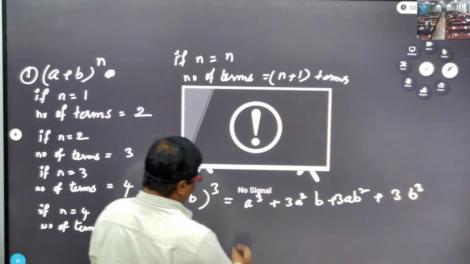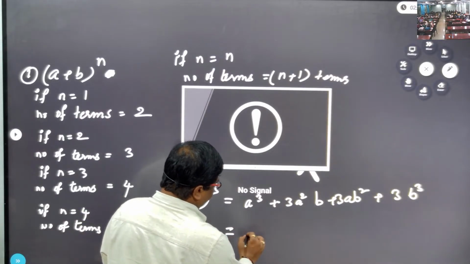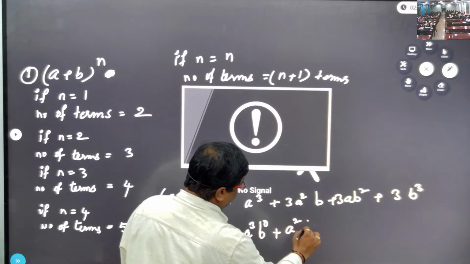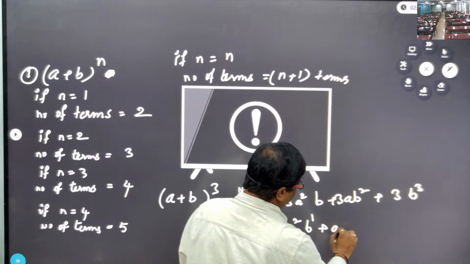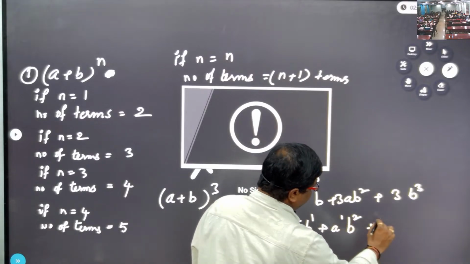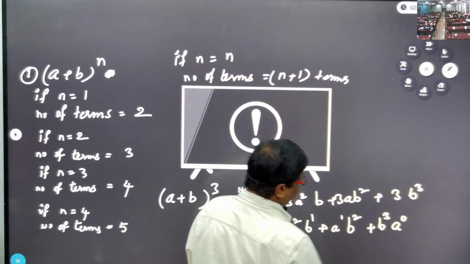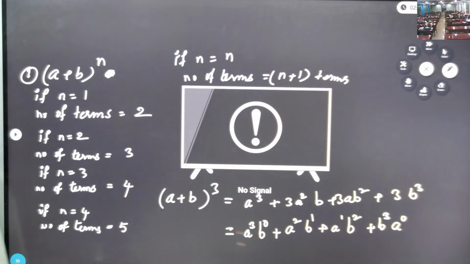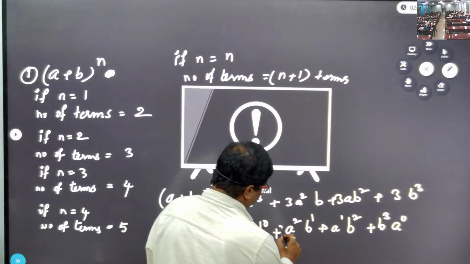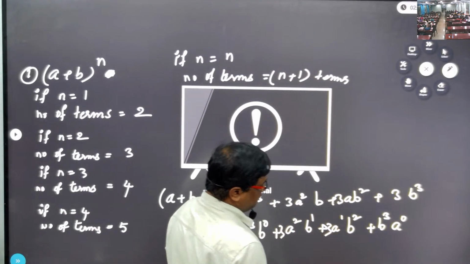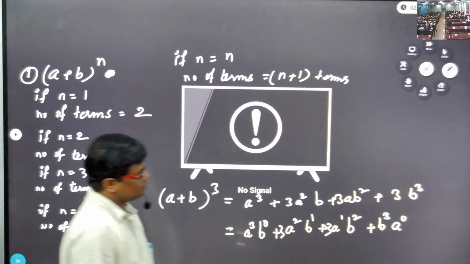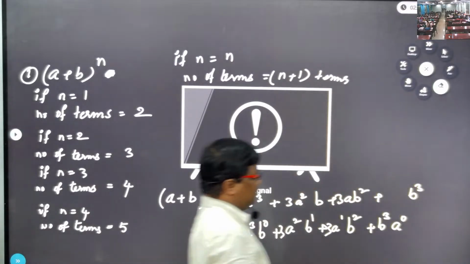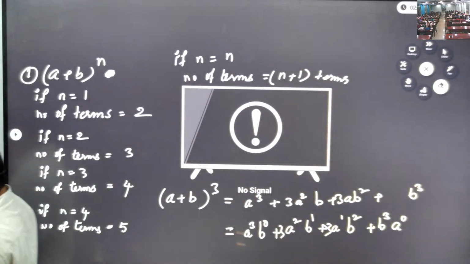Now check. You have to write a power 3 b power 0 plus a power 2 b power 1 plus a power 1 b power 2 plus b power 3 a power 0. That is a cube b0 plus 3a square b1 plus 3ab square plus b cube a0. Okay, done. Second point is done.